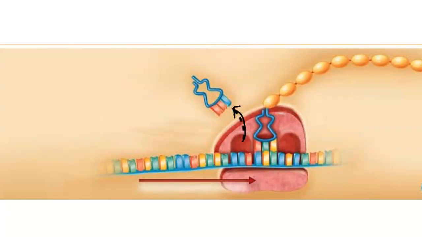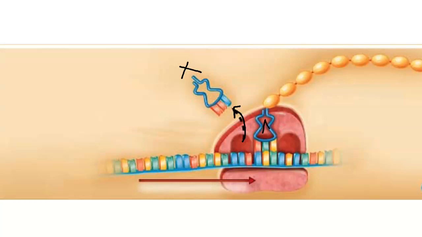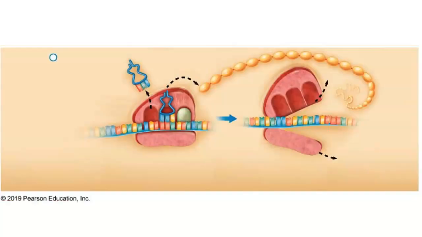So this transfer RNA gave away the amino acid. The amino acid is missing. We would call this an uncharged transfer RNA. Here's the transfer RNA that is holding on to the forming polypeptide chain. And here is where we're waiting for a new transfer RNA to base pair with that codon.